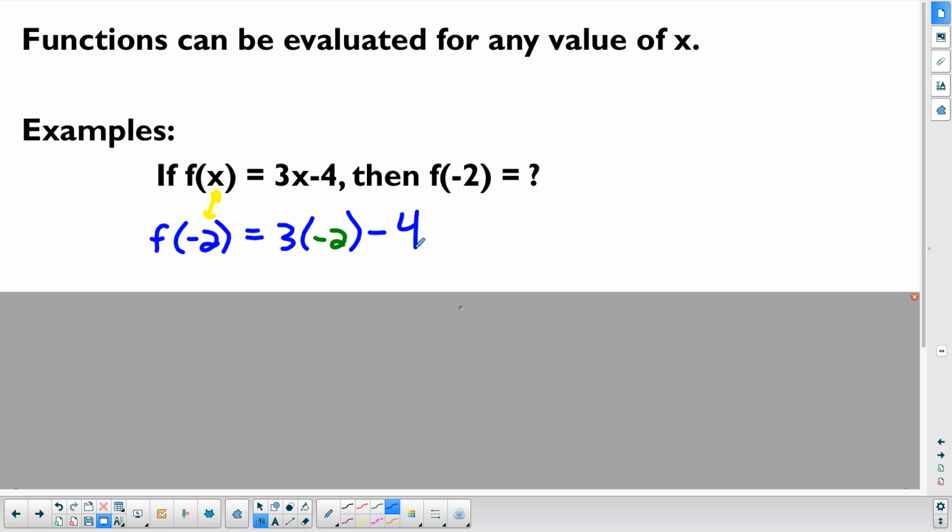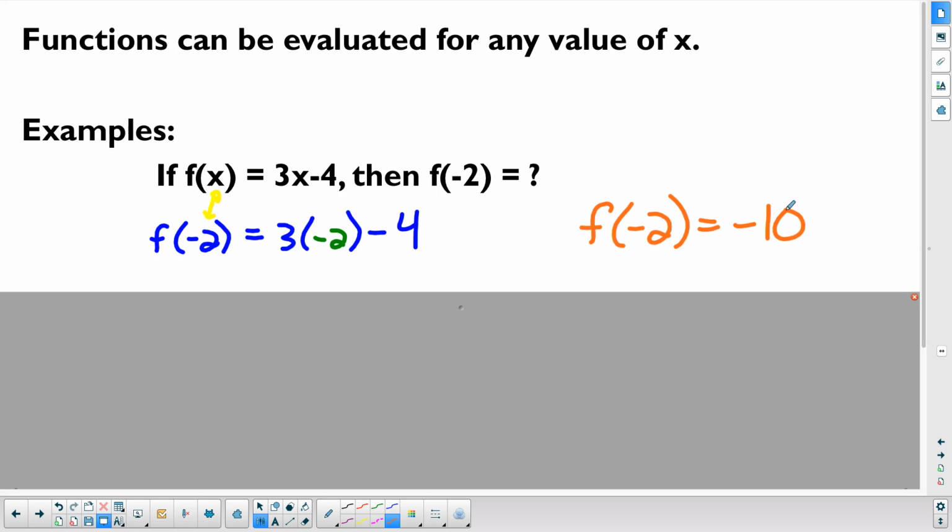And now I simply do the math. 3 times negative 2 is negative 6, minus 4 is negative 10. So f of negative 2 is equal to negative 10.